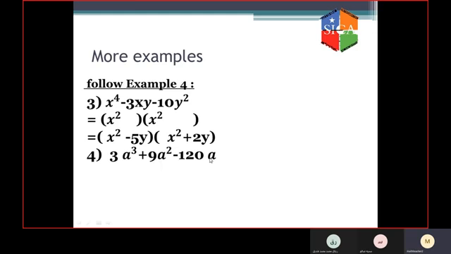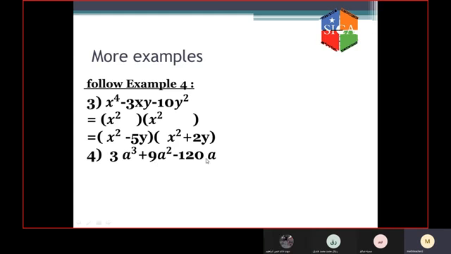We can take a as a common factor. And from the numbers 3, 9, and 120, we can take 3 as a common factor because 3, 9, and 120 are all divisible by 3.